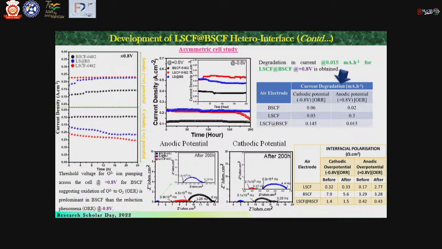Also from the EIS spectroscopy we have observed that no significant change is obtained in the interfacial polarization after 200 hours of constant operation.